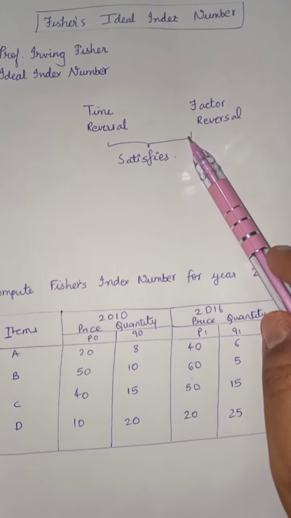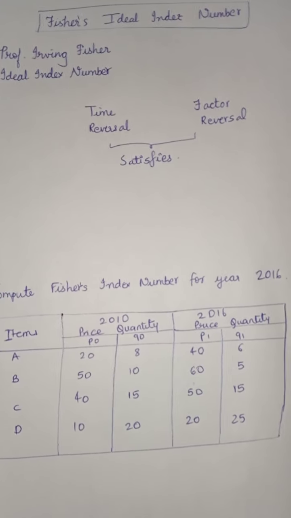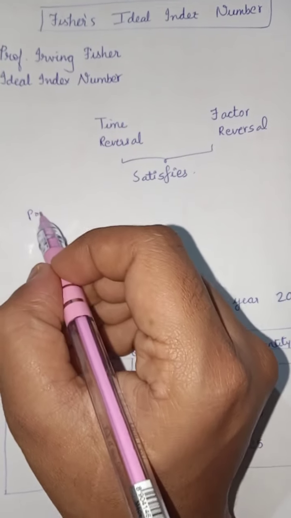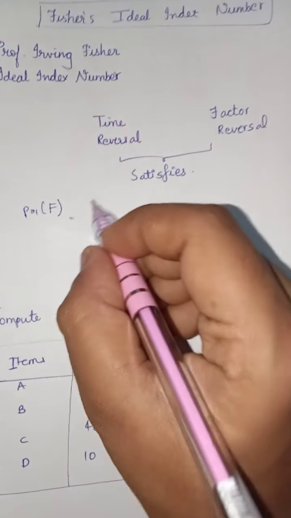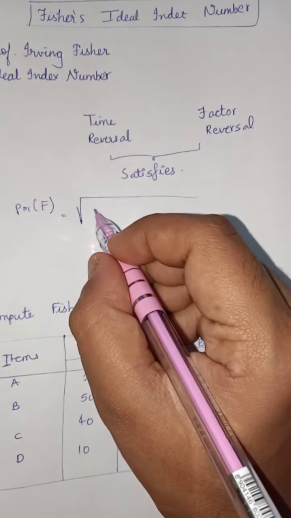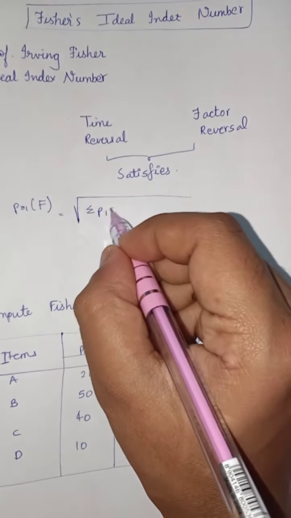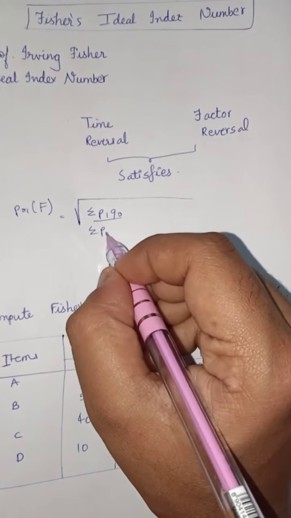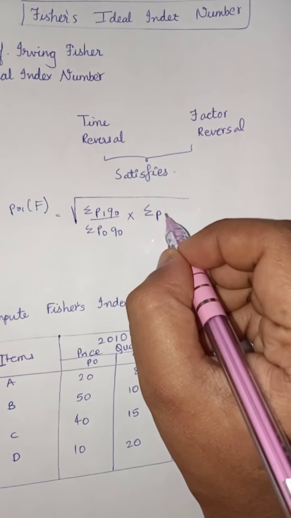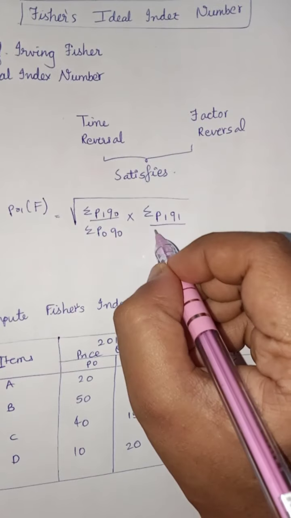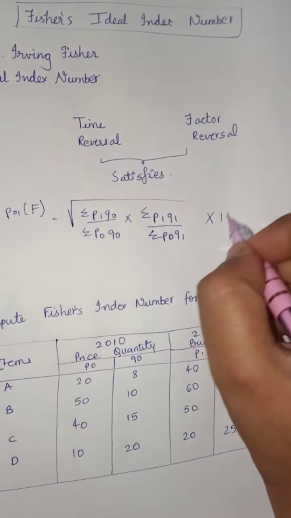These two tests are the tests for consistency, and we can say how accurate or how consistent the index is. P01 of F, where F stands for Fisher's method, is equal to the geometric mean of the Laspeyres method, that is summation of P1 Q0 by summation of P0 Q0, into the Paasche method, that is summation of P1 Q1 divided by summation of P0 Q1, into 100.